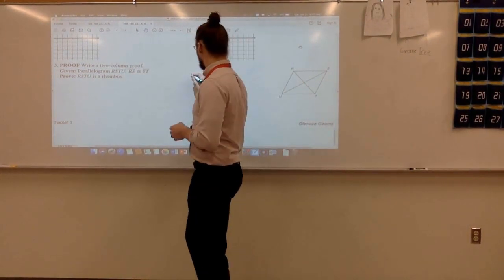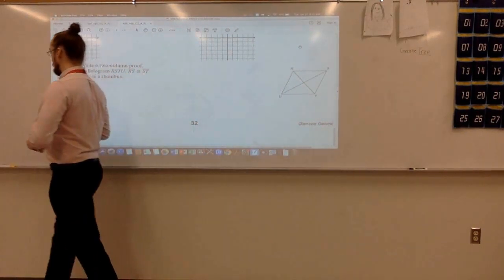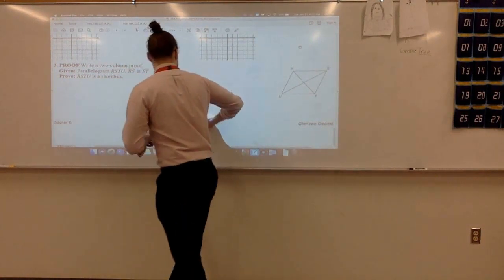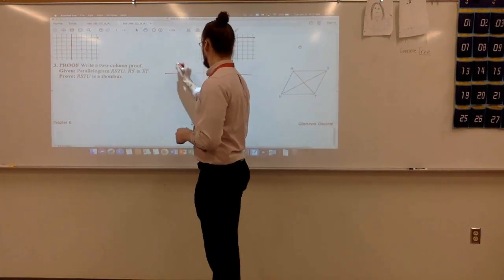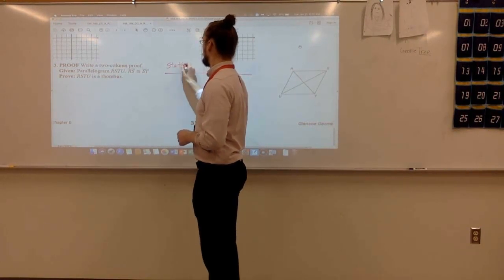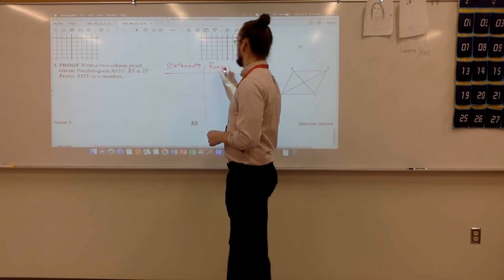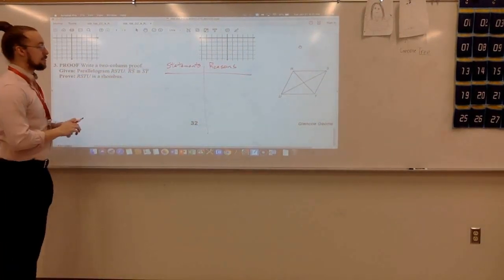We're going to organize this just like we have been with two columns, our statements and reasons. And as always, we'll start with our given information.